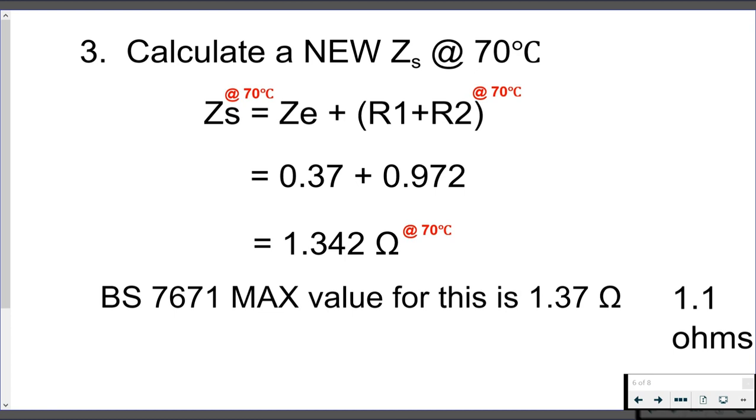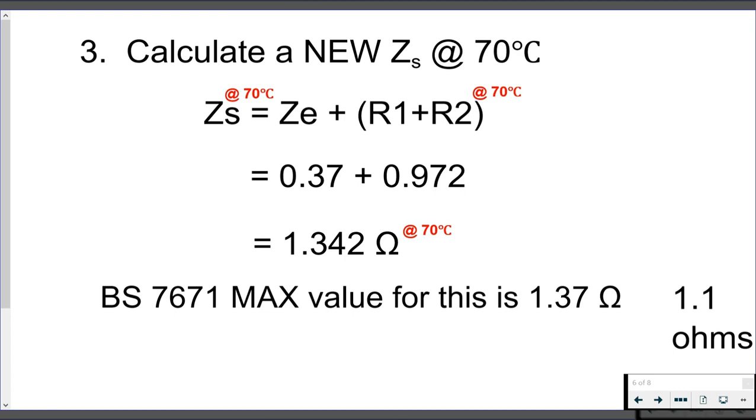We take that 0.81 from the previous step and multiply it by 1.2. It gives us a new R1 plus R2 value of 0.972, but that's with the R1 plus R2 value sitting at 70 degrees C fully loaded.